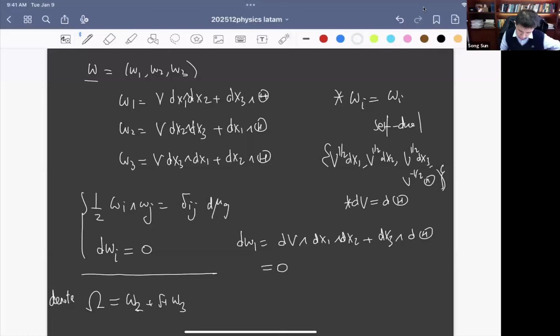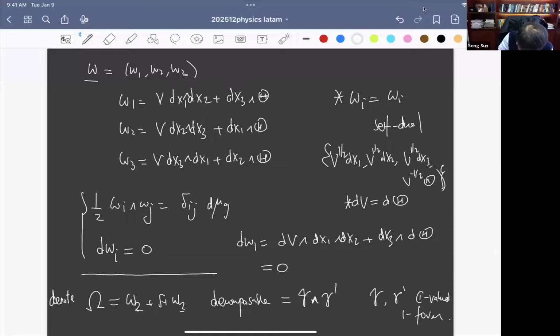This is a decomposable two form. Decomposable means that it can be written as gamma wedge gamma prime, where gamma is a complex one form. It's true in general, but in this particular setting it's easy to write down.